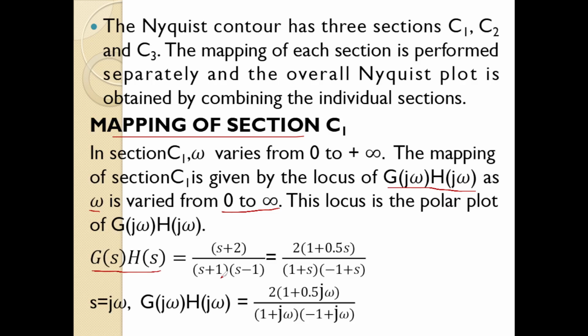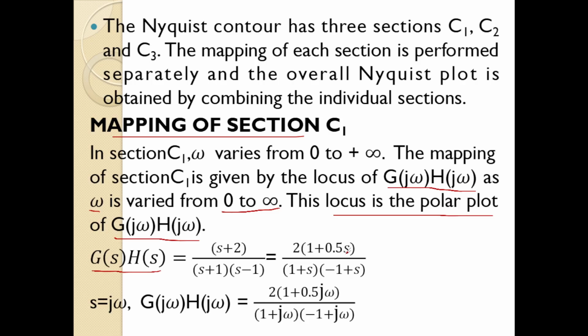Whenever we want to determine the stability of the given system by Nyquist criteria, first of all we must have the knowledge of polar plot. So this is it, (s + 2) / ((s + 1)(s − 1)). I have just rearranged the terms, because I want all these terms to be in the form of 1 plus some constant into s, or 1 plus s form.